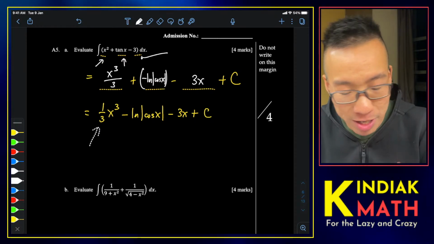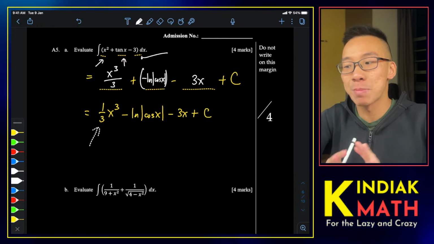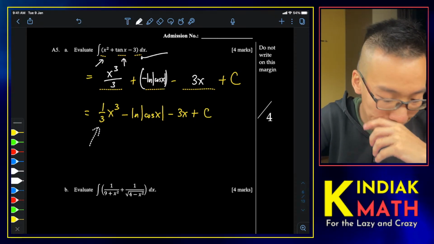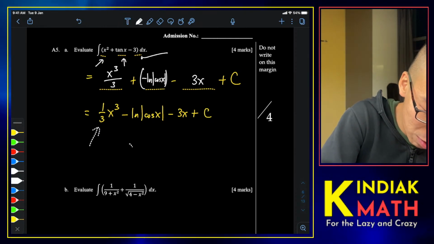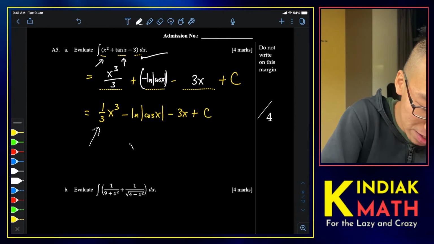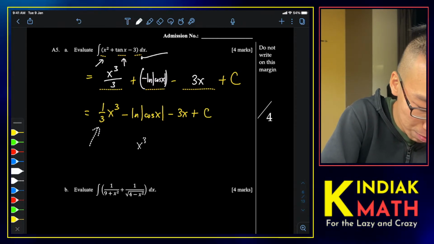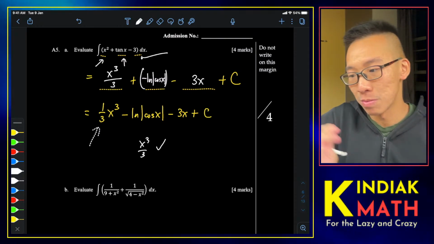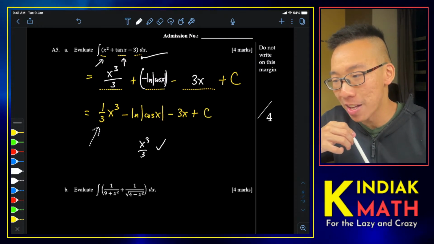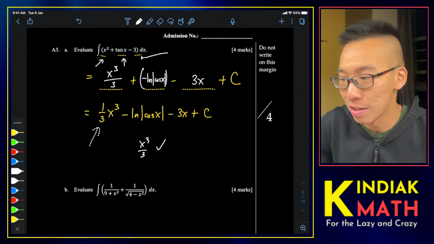I like to express my answer as a constant times a function as much as possible. Okay? If you left it as x over 3, if you left this as x cubed over 3, this would still be mathematically valid and therefore received well.